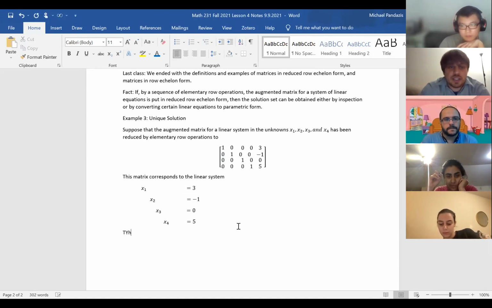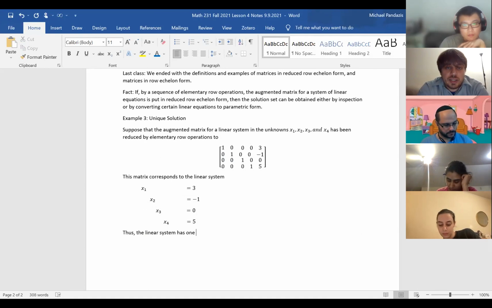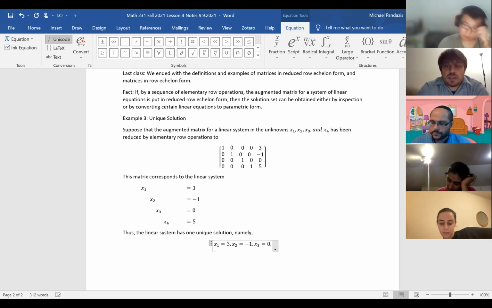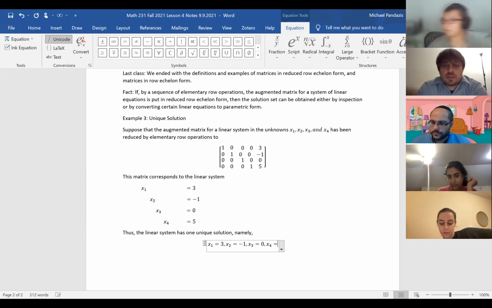Okay, thus the linear system has one unique solution, namely x1 is equal to 3, x2 is equal to -1, x3 is equal to 0, and x4 is equal to 5.